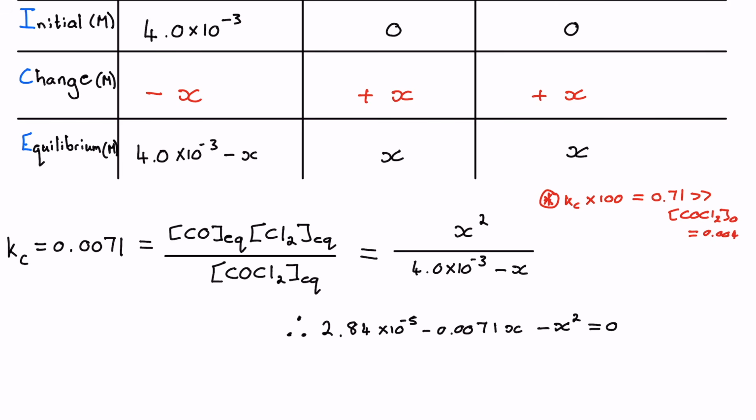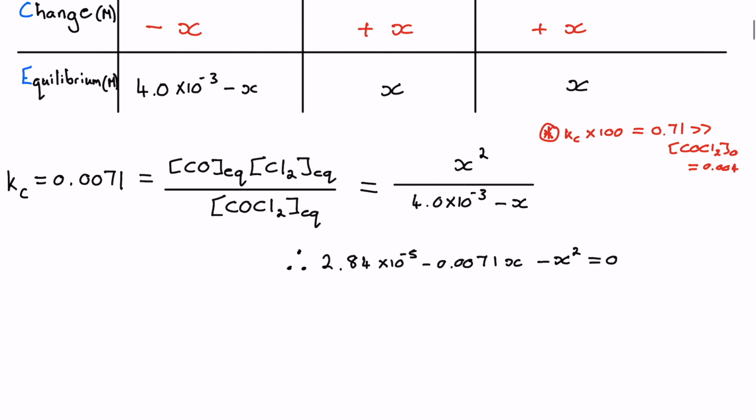Relatively okay, only the numbers need to multiply with each other. The x is multiplied with 0.071 and the x squared just goes across the equal sign. Right, so that means we use the quadratic equation to solve for x.